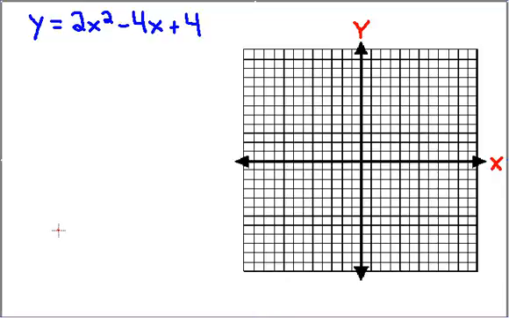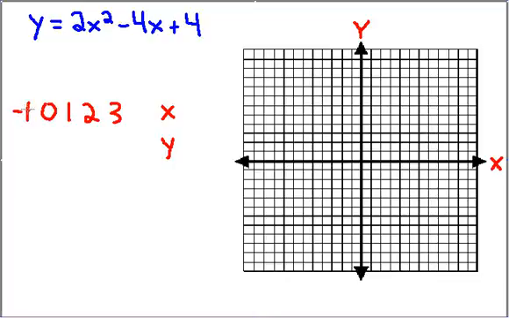Just as we did with linear functions, it's oftentimes helpful to create a table. So I'm going to go ahead and choose 5 values here for x. And oftentimes, it's good to choose negative integers, positive integers, and then also the integer 0. So that top part of our table is going to represent our x's, and the bottom part is going to represent our y's.